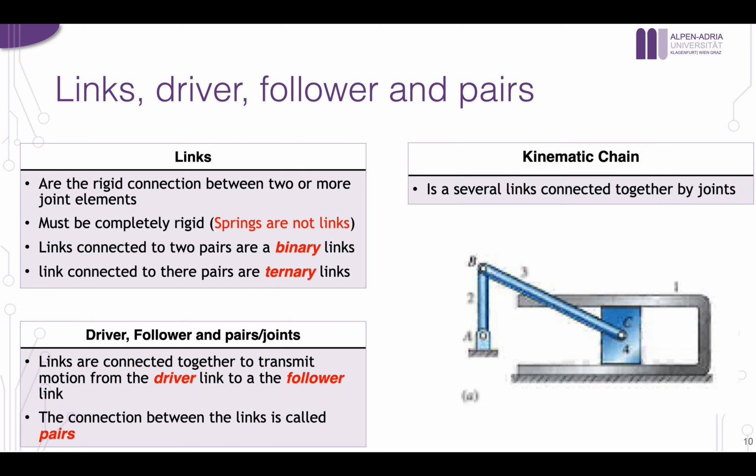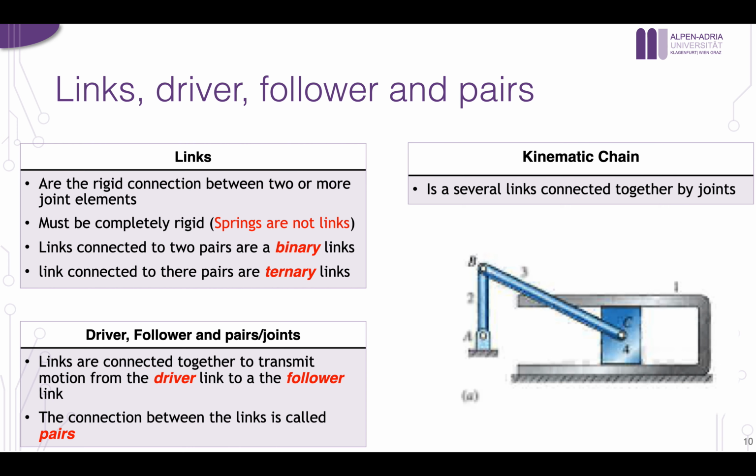So another terminologies, I was talking about them actually, but now it comes to their definition. We have what is called links, driver, follower, and pairs. A link is the rigid body that I was just talking about, which is a part of a mechanism or structure.